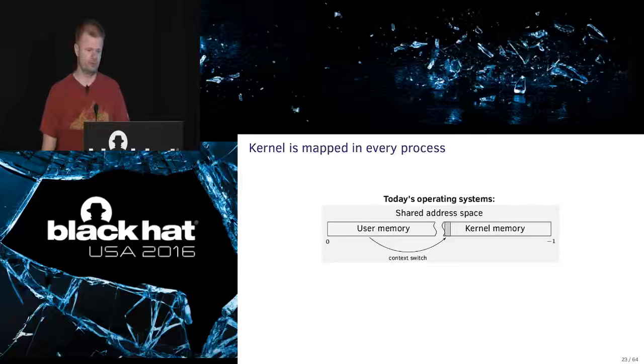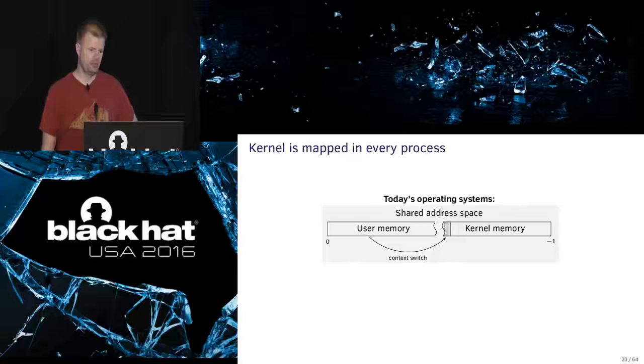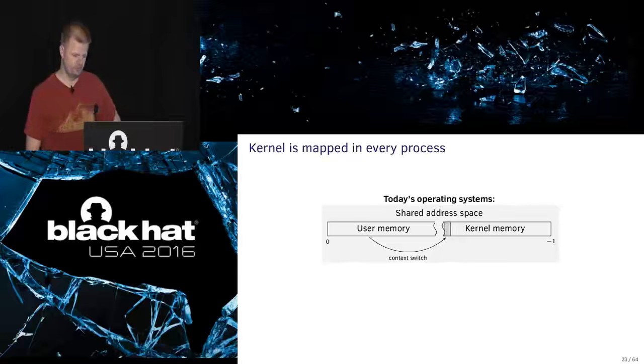And for that, it calls into the kernel where a privilege escalation is made, and then the stack is changed. So this means that the kernel is present in every user mode application. However, it typically protects itself from access using the page tables.